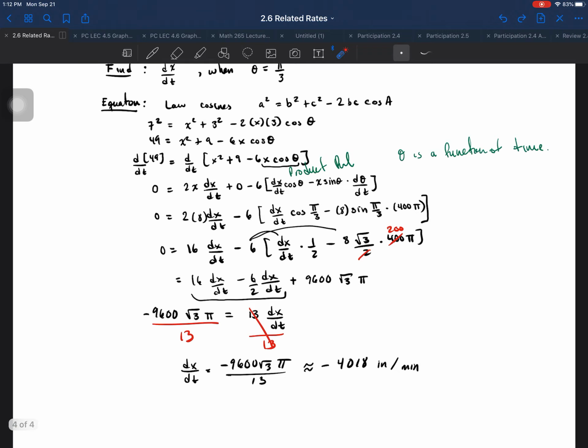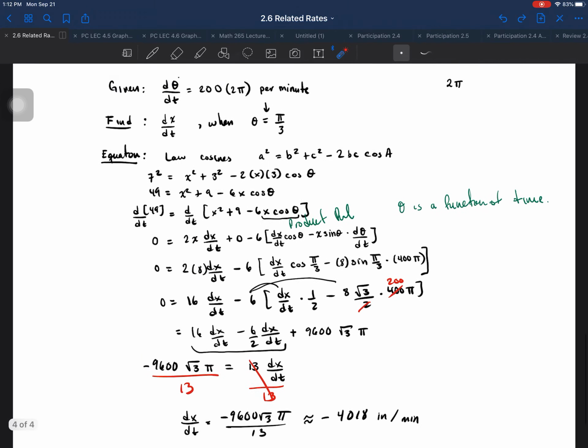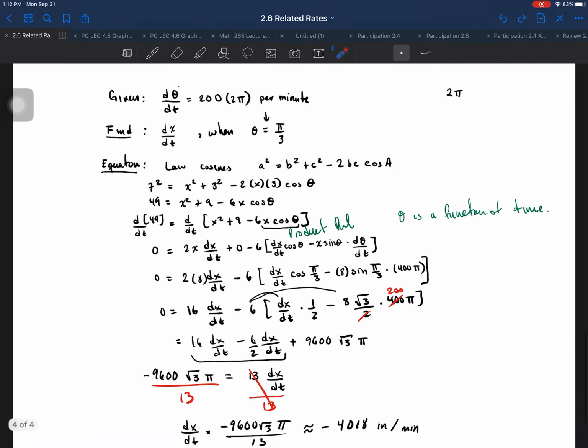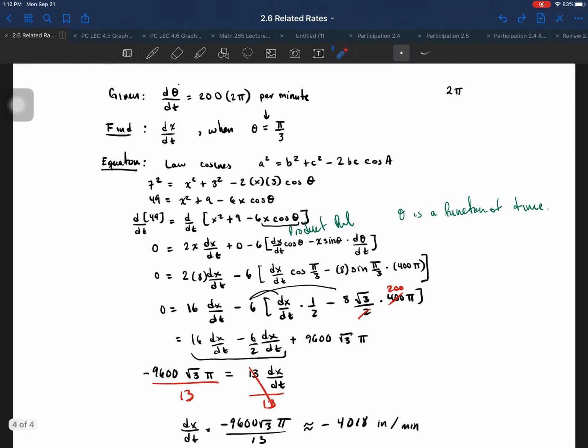All right, then we're going to try to see if we have everything we need, right? Do we know what x is in this problem? We don't, right? It doesn't seem like we know what x is going to be. We know what we're looking for, dx dt.